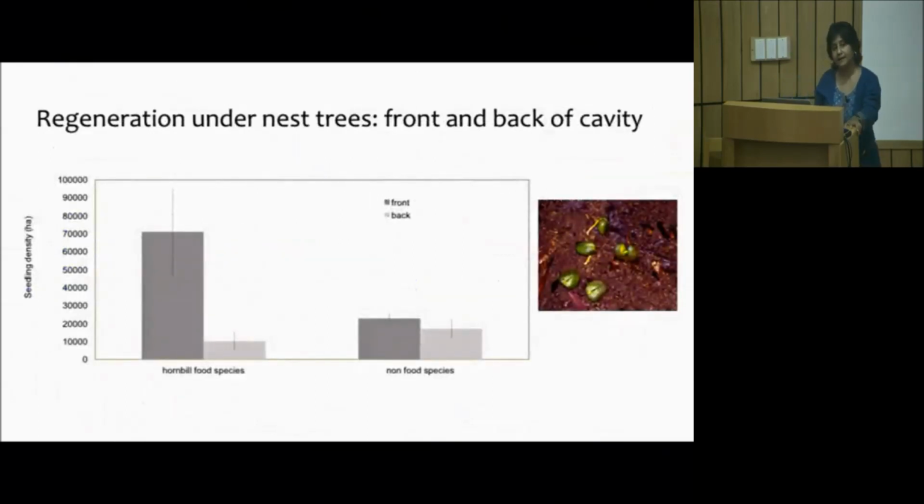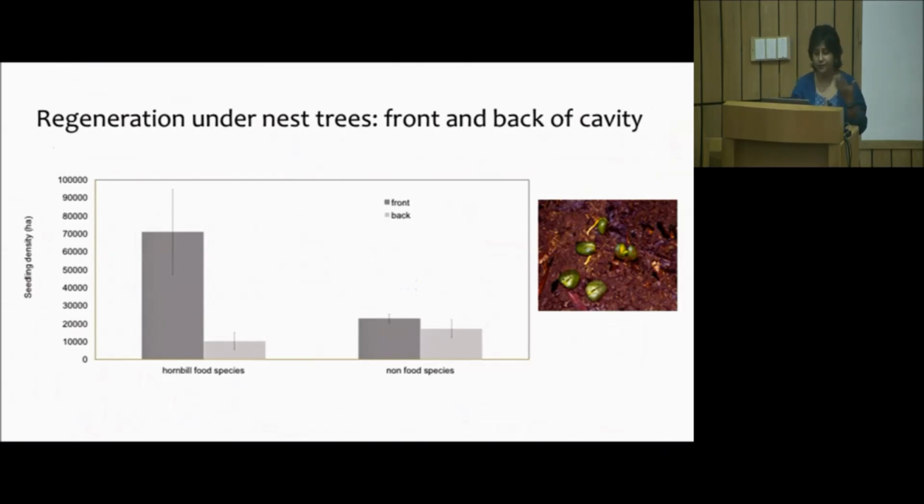So one of the things that we did is look at, okay, there's a lot of seeds being deposited under nest trees. Is regeneration happening better where the hornbills are? So we checked the regeneration under nest trees, front and back of the cavity. The back is like a control. The front of the cavity is where the seed drain is happening.